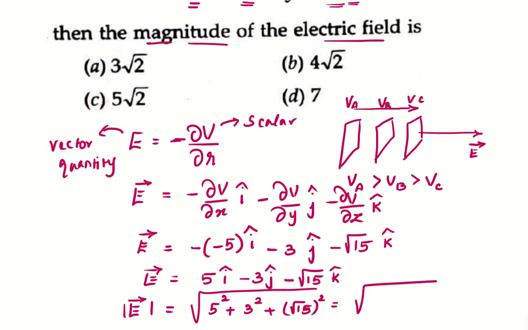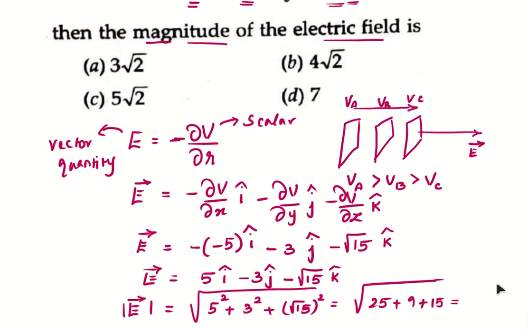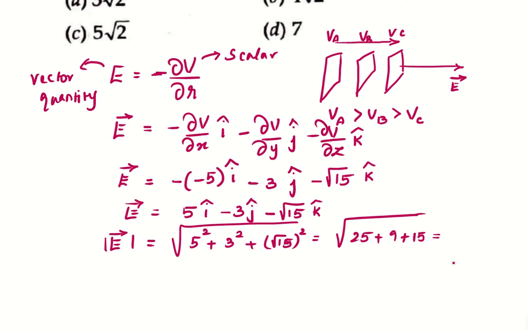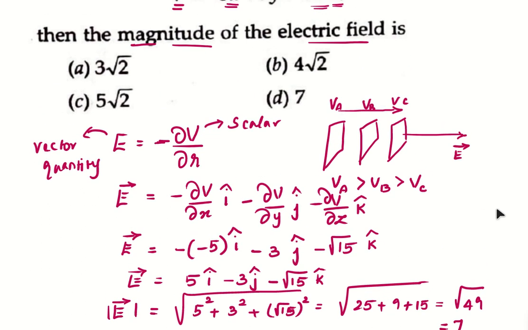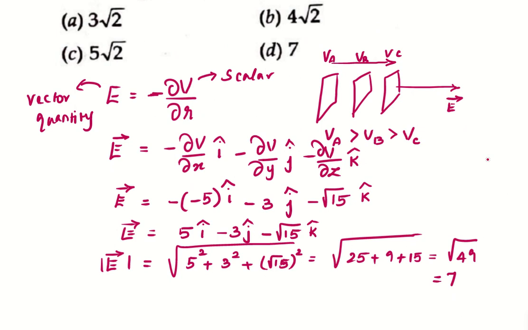So this gives you 25 plus 9 plus 15. 25 plus 9 plus 15 is 49, so this will be square root of 49, which gives you 7. So 7 is the answer. That is the magnitude of the electric field, and it should be with the unit Newton per coulomb.